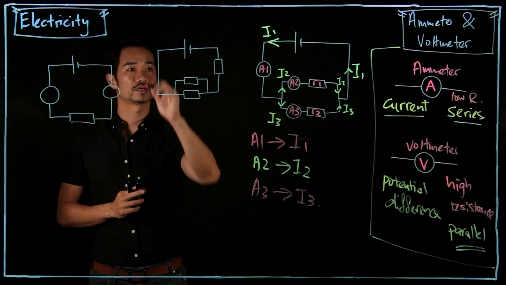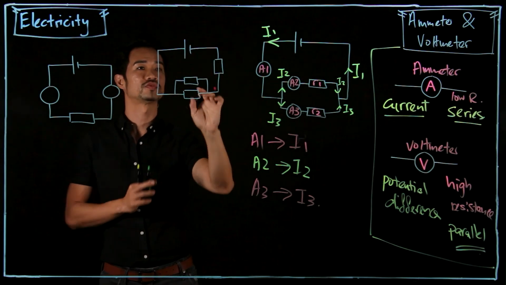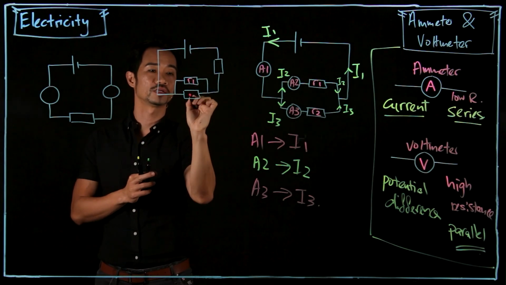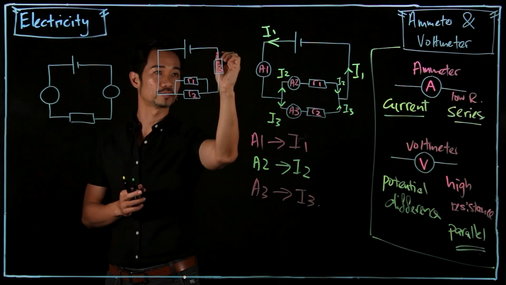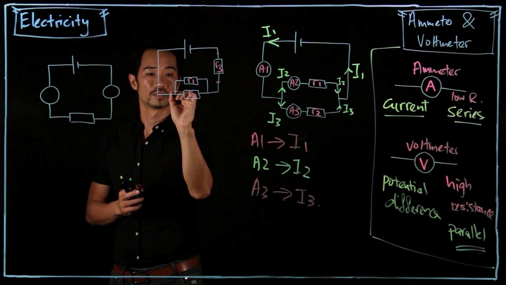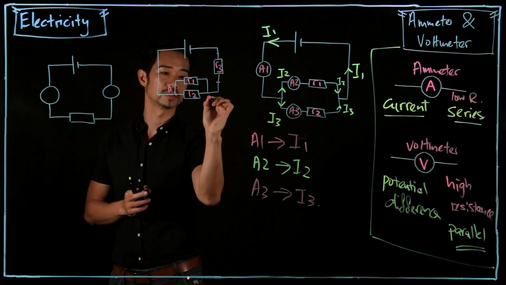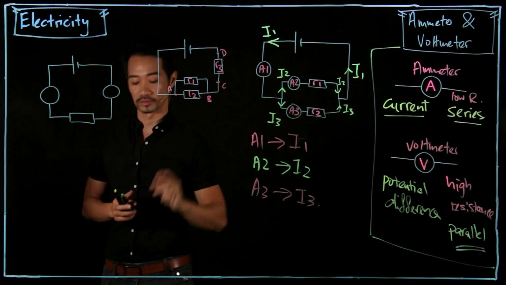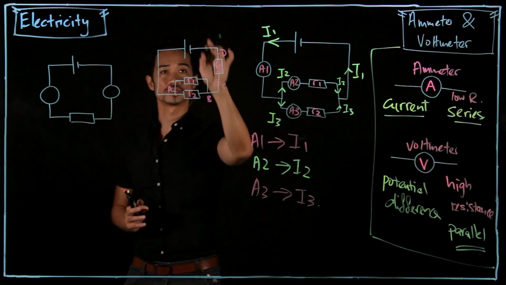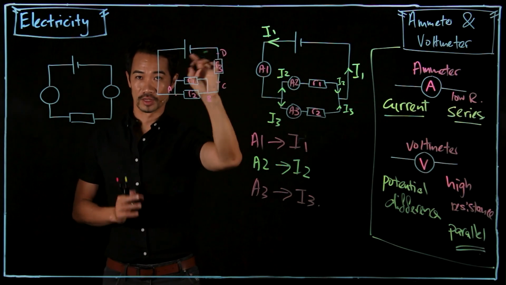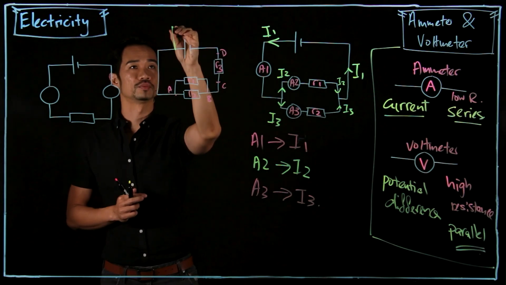Second example. I have another connection over here. Here I have resistor R1, resistor R2, and then we have R3. Let's label the points: this is point A, B, this is C, D. Voltmeter. If I want to measure the potential difference across the EMF, I will connect the voltmeter like this.